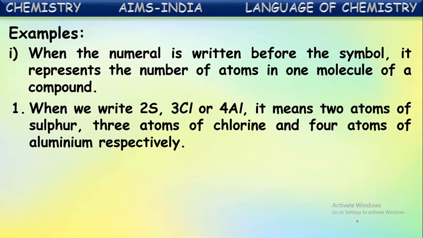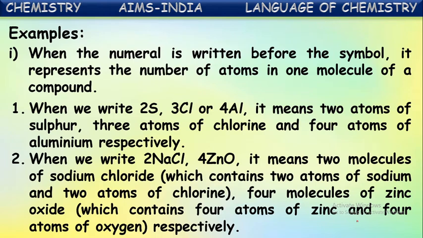So if any number is written in front of the symbol, that represents the number of atoms taken or the number of atoms of that element present in the molecule. 2S represents 2 sulfur atoms, 4Al means 4 aluminium atoms, and in the same way, 3Cl represents 3 chlorine atoms.